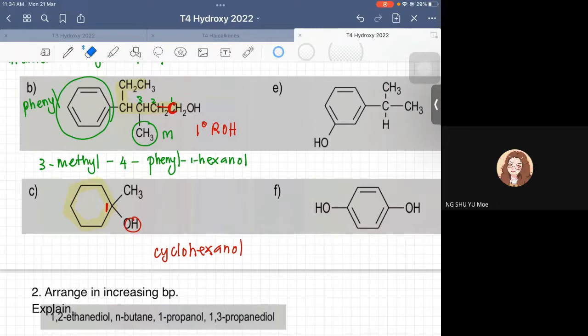We know that the OH, kita tak tanya dah di mana OH tu berada. The OH must be located at carbon number 1. But methyl cyclohexanol, where is the location of the methyl? It can be carbon number 1, number 2, number 3. So it will be 1 methyl cyclohexanol. Okay, classification dia, alpha carbon dia attached to 3 carbon. So tertiary carbon, tertiary alcohol.